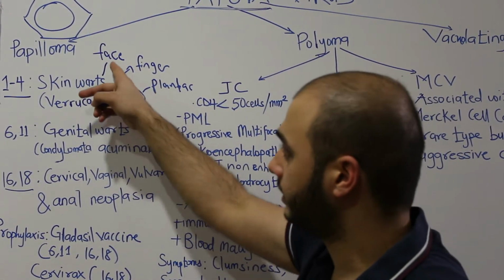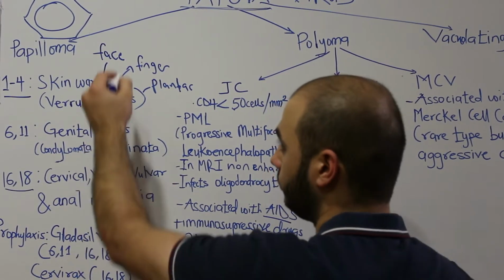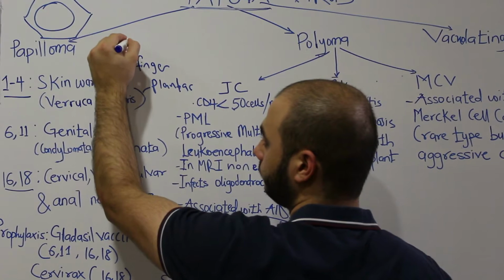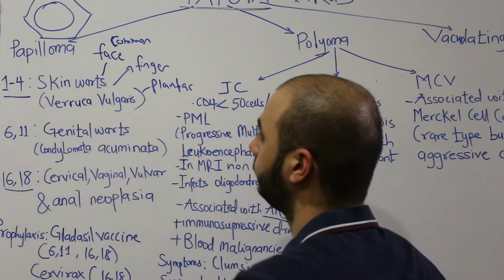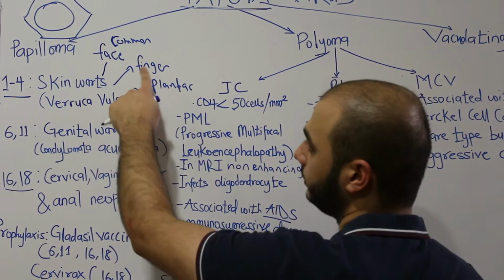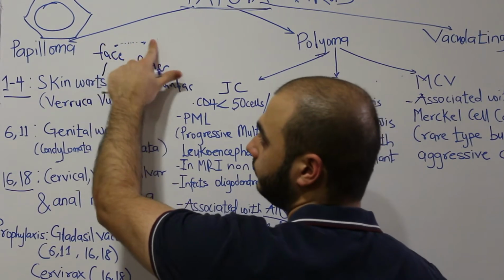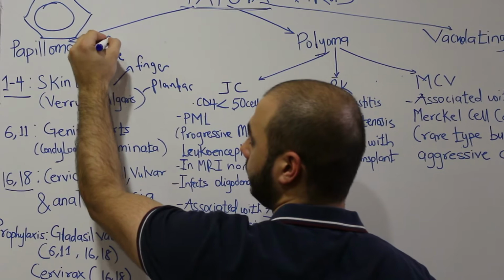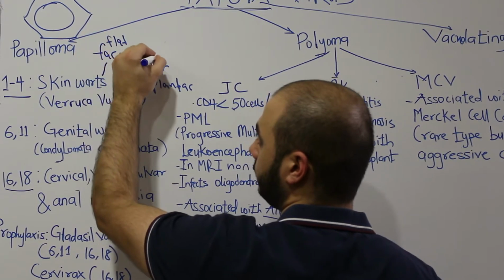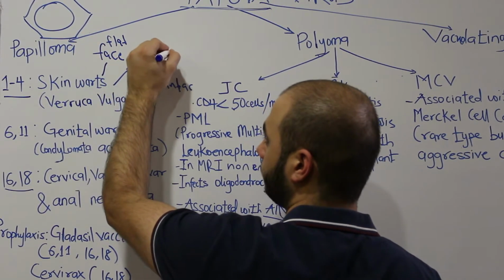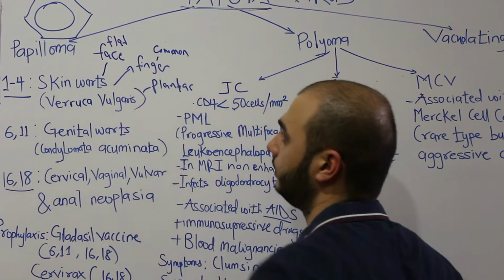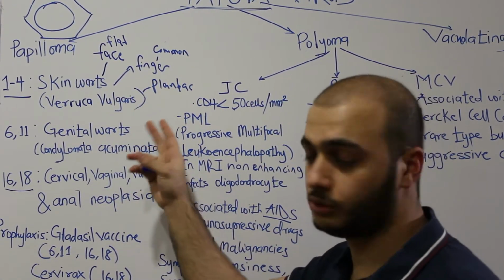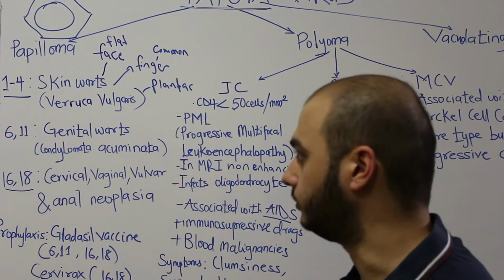The one on the fingers they call common, and the one on the face they call flat. Okay? So on the face they call it flat and on the fingers they call it common. Well, these can reverse on their own if there is good immunity.